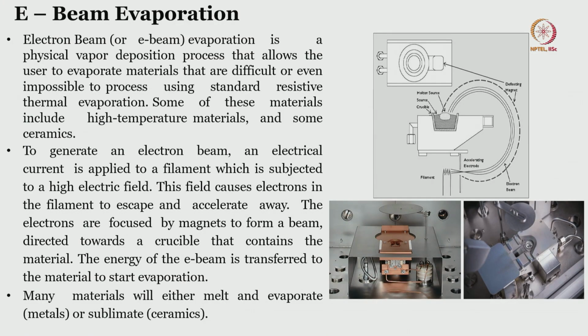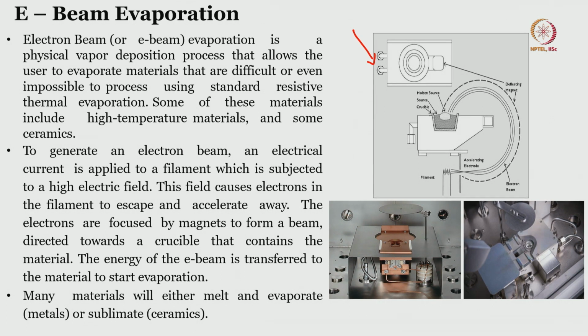If you see the slide, let us understand this particular schematic. Before we go to the schematic, first understand that E beam evaporation, or electron beam evaporation, is a physical vapor deposition process that allows the user to evaporate materials that are difficult or even impossible to process using standard resistive thermal evaporation.